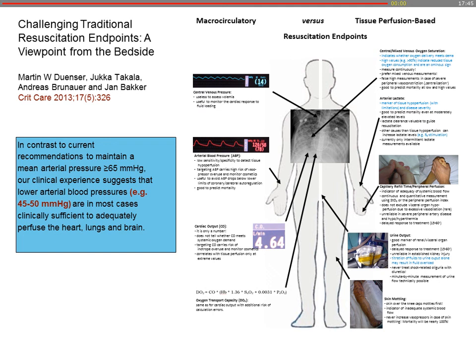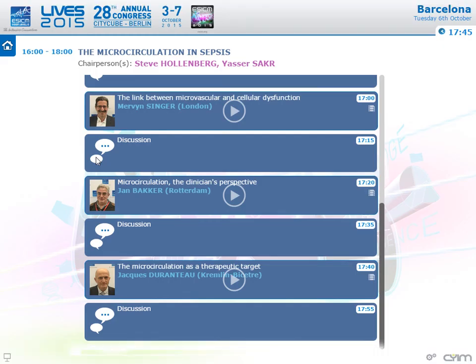Don't worry about the cardiac output of 2 liters index if your microcirculation is completely normal, because people walk around with 2 liters indexed cardiac output. So that could be adequate. The key point in clinical practice is indicators of inadequacy, and I think that's where we should focus on in the next years. Thank you very much.